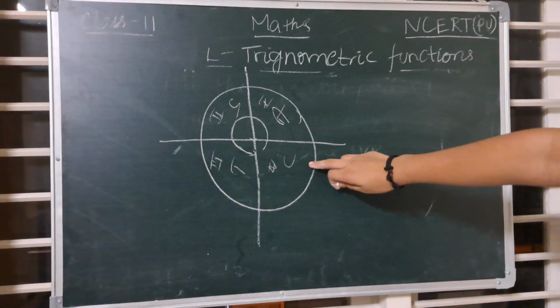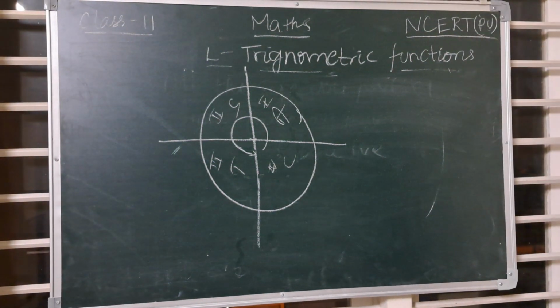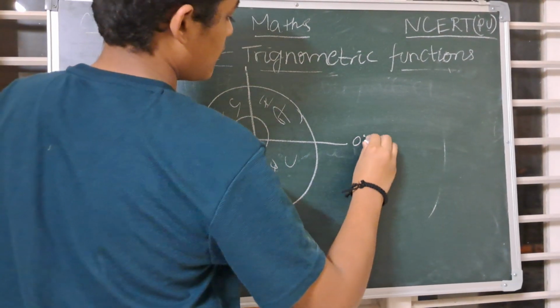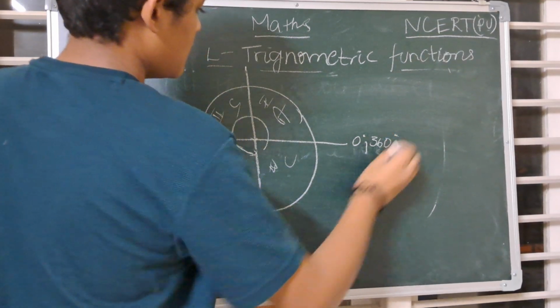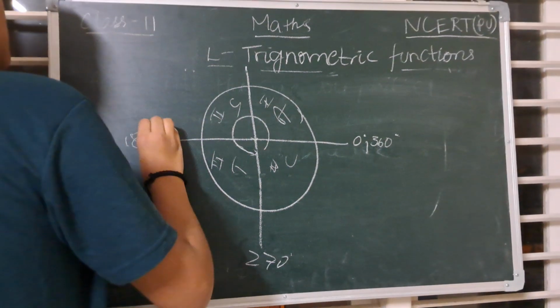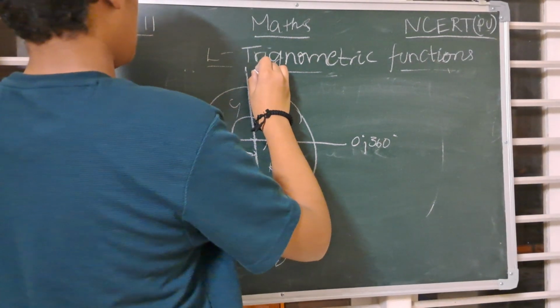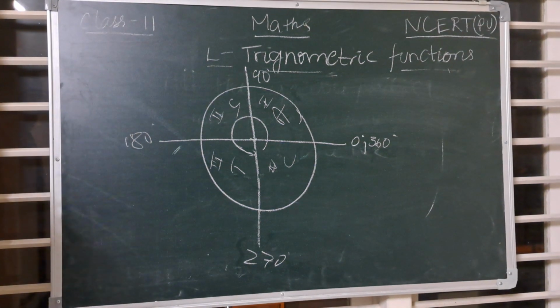And in the fourth quadrant, cos and its reciprocal secant are positive. This is 0 degree or 360 degree. This is 270 degree. This is 180 degree. And this is 90 degree. So this is the basic of the ASTC rule.